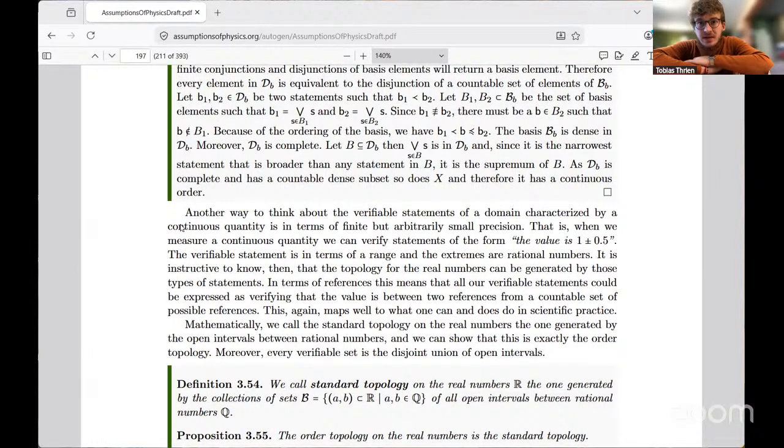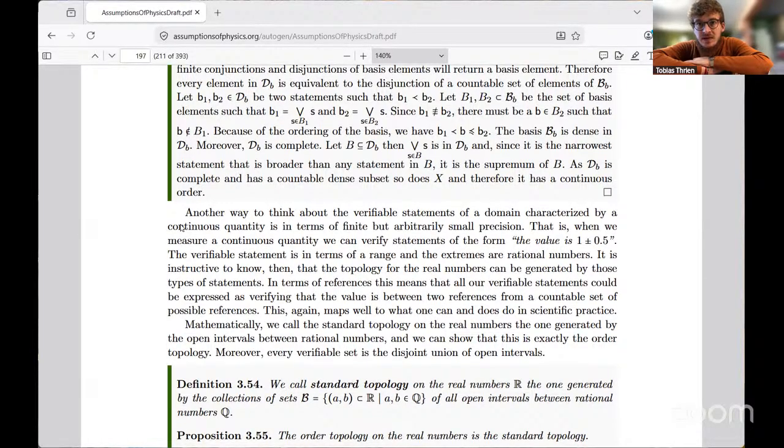That is, when we measure a continuous quantity, we can verify statements of the form the value is 1 plus or minus 0.5. The verifiable statement is in terms of a range, and the extremes are rational numbers.